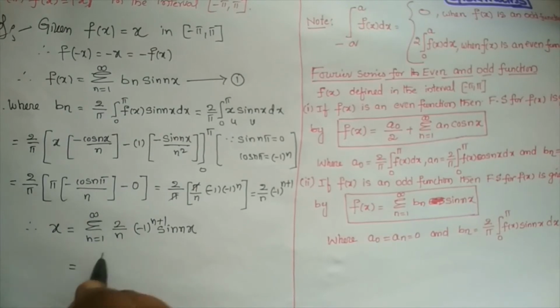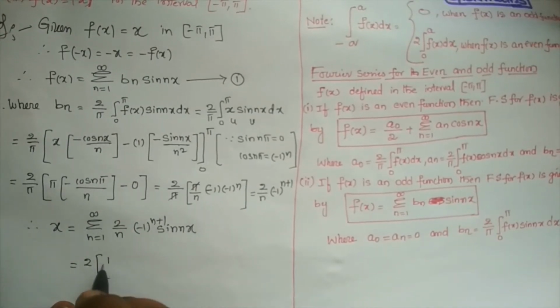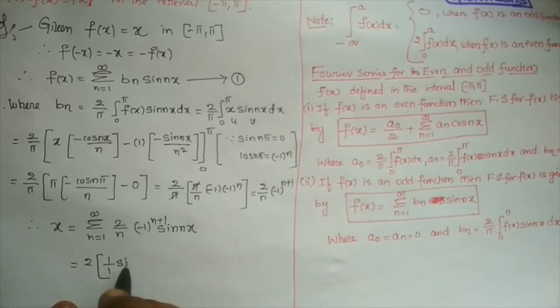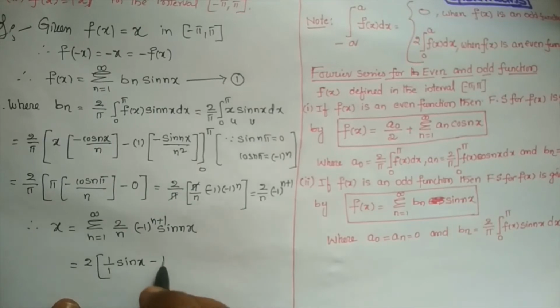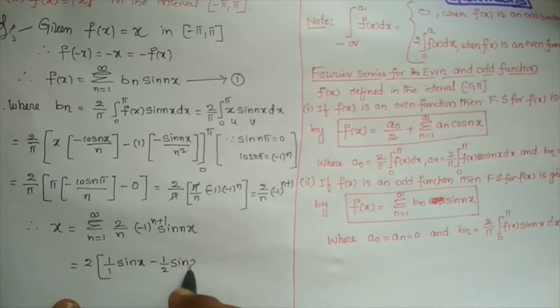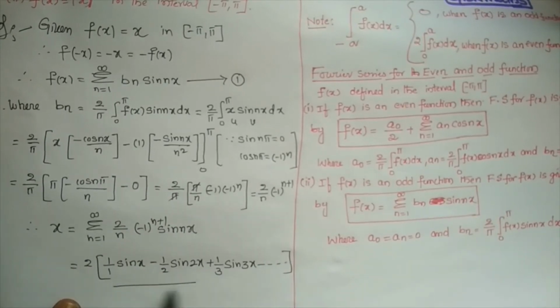Or simplify this one: for n is equal to 1, 2 into 1 by 1 sin x, next minus 1 by 2 into sin 2x plus 1 by 3 into sin 3x minus, and so on. This is the simplified one.